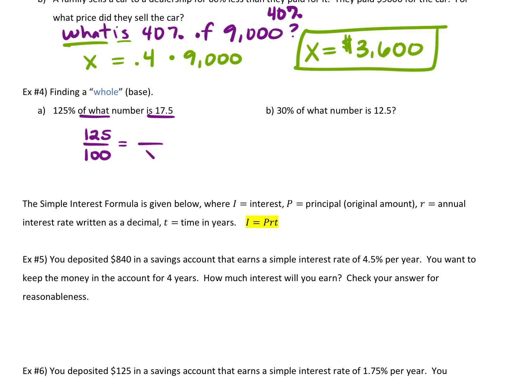So our "of" is our unknown. Of what? The "is" is the 17.5. And then you can just cross multiply. So we're going to go 125x equals 17.5 times 100. 17.5 times 100 is 1,750. And then we're going to divide.